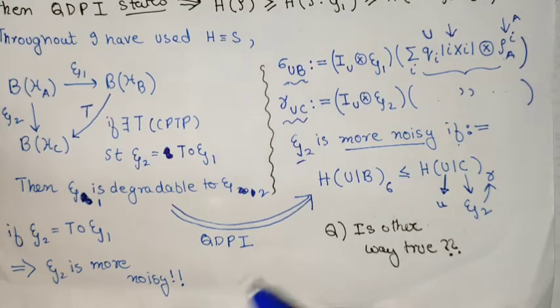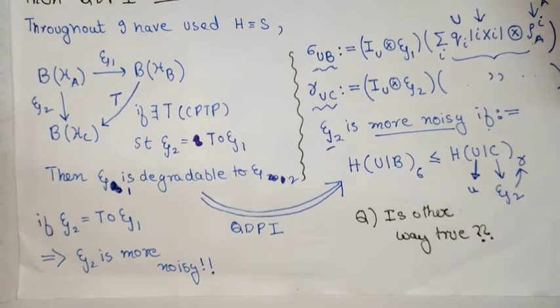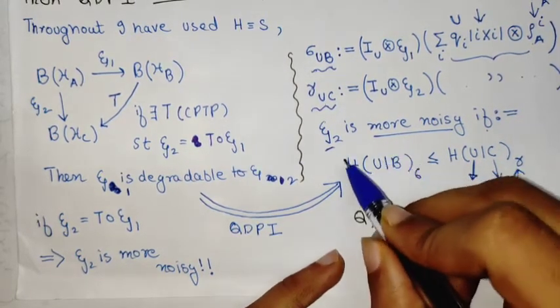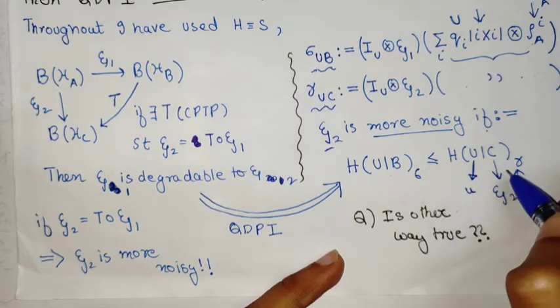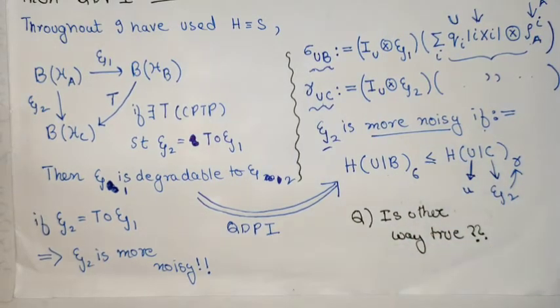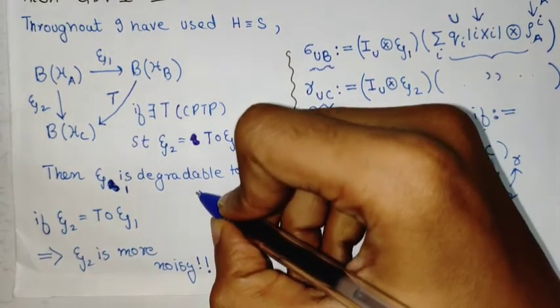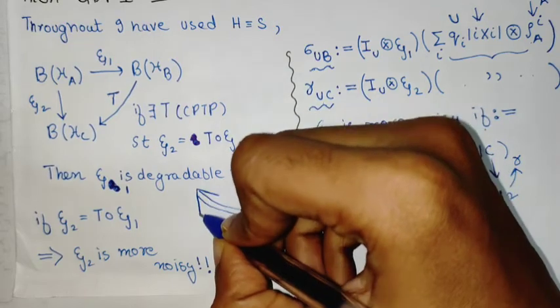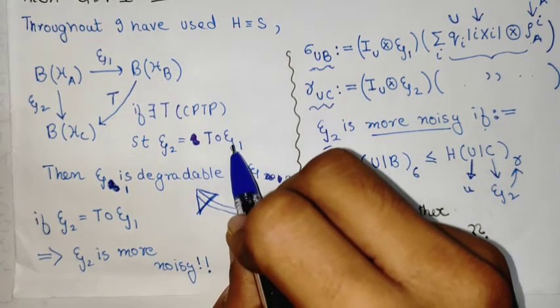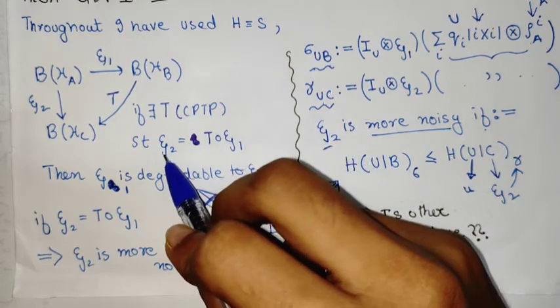But now the interesting point is that of reverse data processing inequalities. If you see that your epsilon 2 is noisier than epsilon 1, in the sense that you are more uncertain about your classical distribution, can you directly conclude that epsilon 1 must be degradable to epsilon 2?